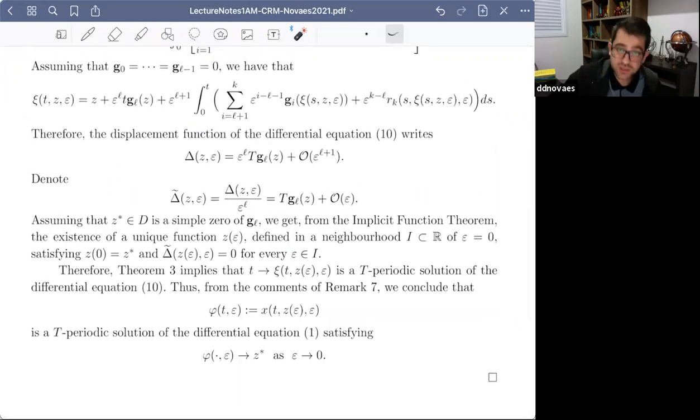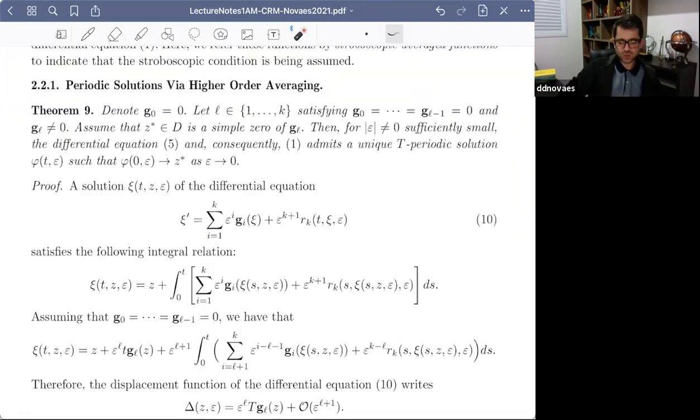And from here, the argument is the same. If we have a simple 0 of this function, then we can use the implicit function theorem in order to obtain a branch of periodic solutions from the simple 0.